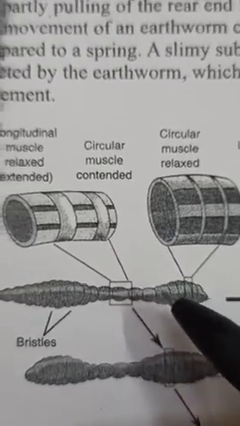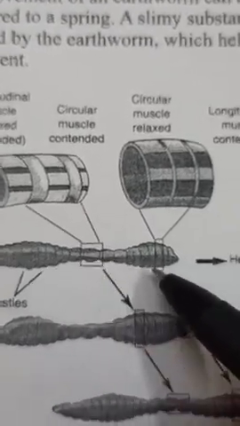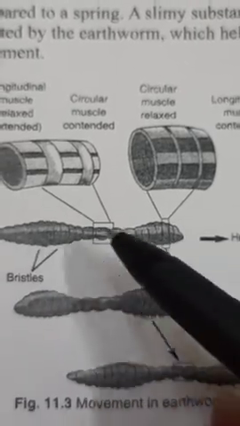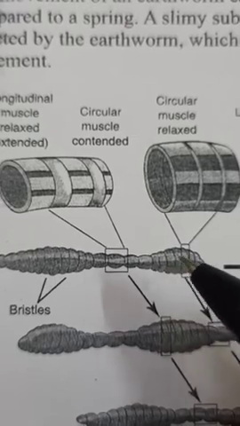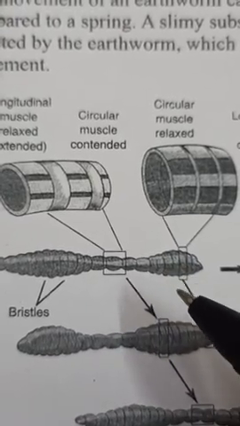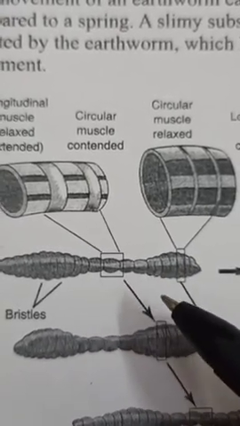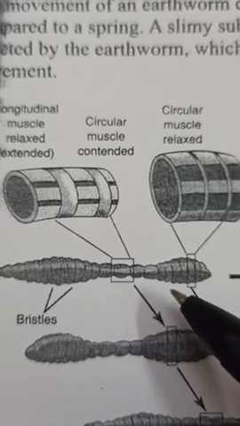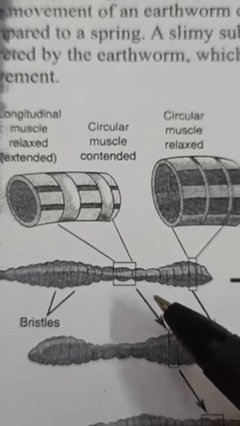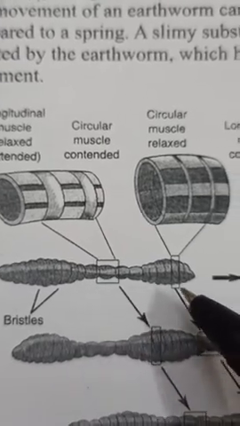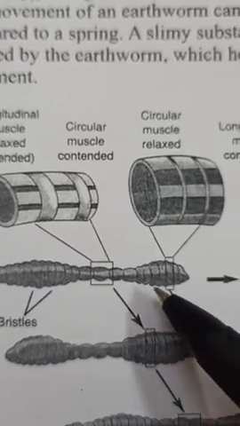Okay, so children, actually this diagram is given for the muscular movement, means this diagram shows the various muscles. That's why it is a very elaborated diagram. Actually earthworm is not looking like this.